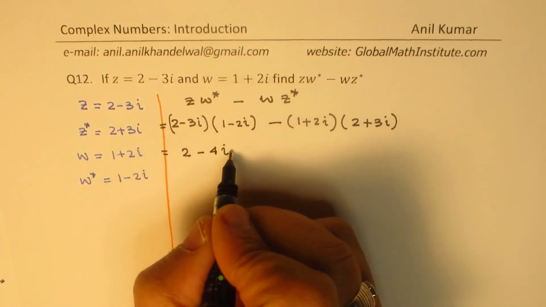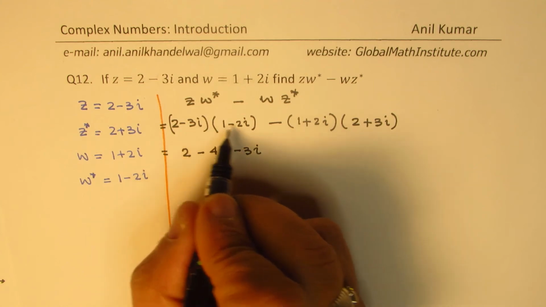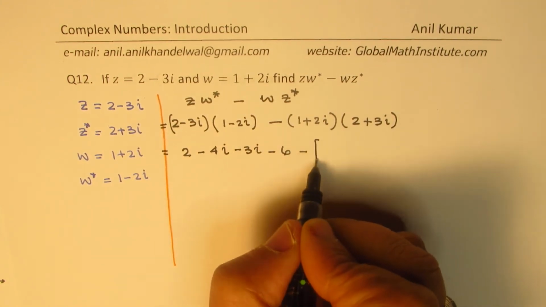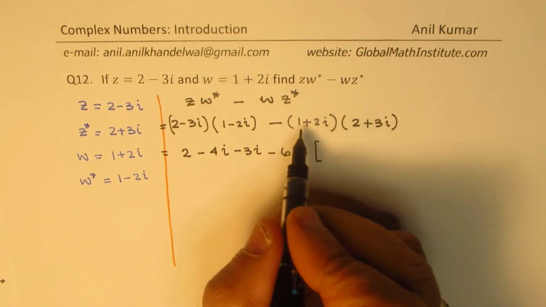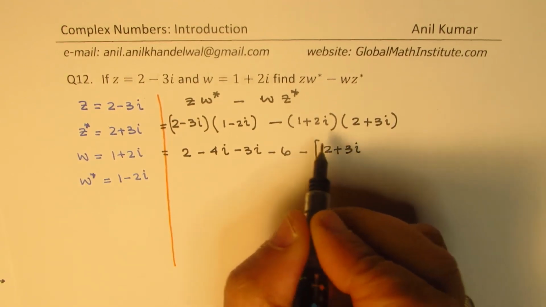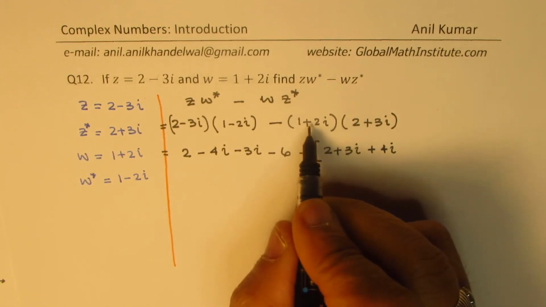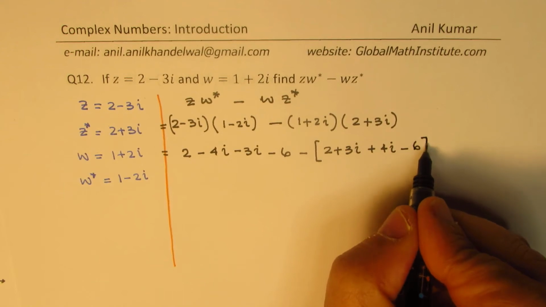With negative 3i, we get negative 3i. And when you multiply negative 3i by negative 2i, i square makes it negative, so we get negative 6. Now here, let's put them in brackets. With 1, when you multiply, you get the same numbers, 2 plus 3i. And with 2i, you get 4i, and then that becomes a negative sign. 2i times 3i is 6.